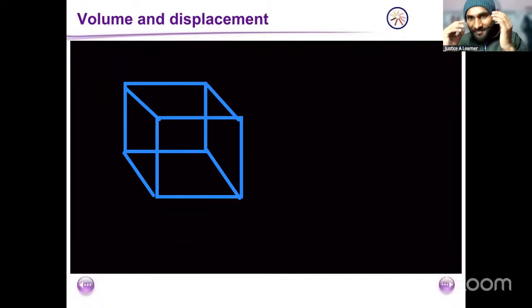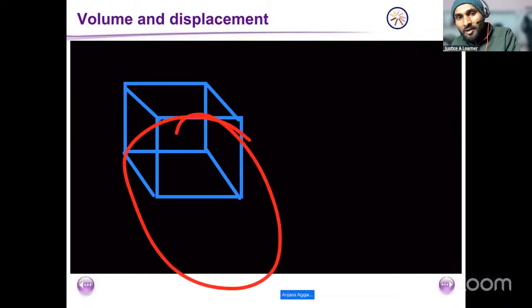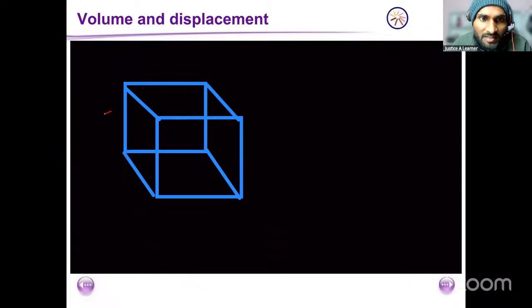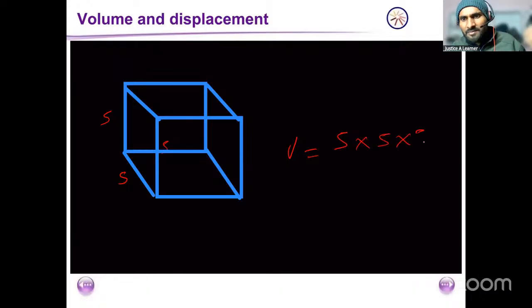I'm just trying to make you understand the concept, because you are using the wrong formula in the case of cube. So if I say this is 5, this is 5, and this is also 5, according to the volume formula we learned earlier, won't it be 5 into 5 into 5? Isn't it true? Do you agree with that?